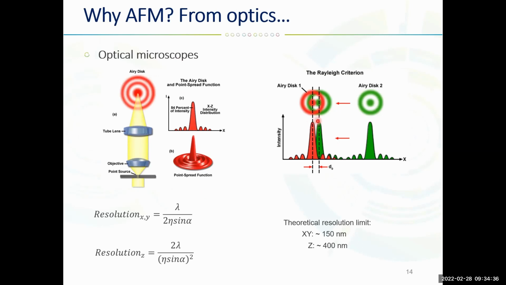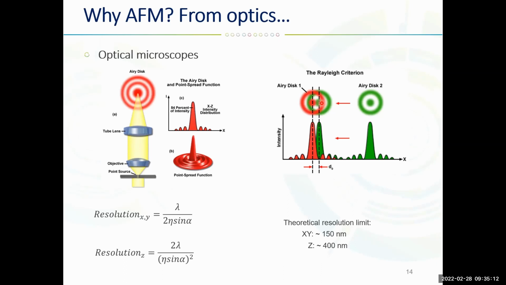If 2 points are too close to each other, these Airy disks can merge together, basically. And this phenomenon is caused by diffraction or scattering of the light as it passes through the parts of the sample. Another thing that also causes this is the circular aperture of the objective in the optical microscope.